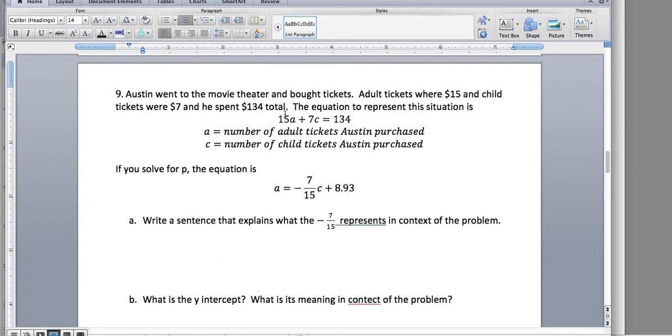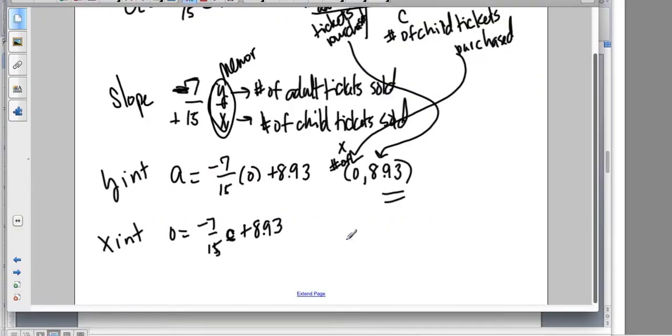But if you go back and grab this one, 15A plus 7C equals 134, and you put 0 in for A here, that gives me a little bit easier math. It's going to work the same way as if you subtract 8.93 and then divide by negative 7/15.